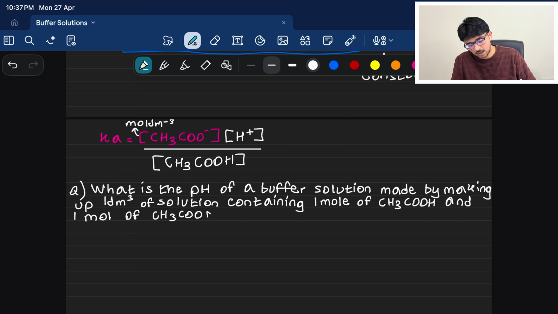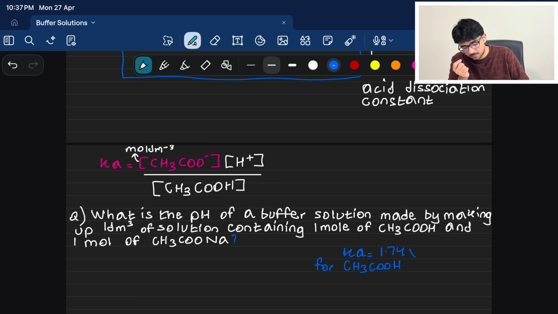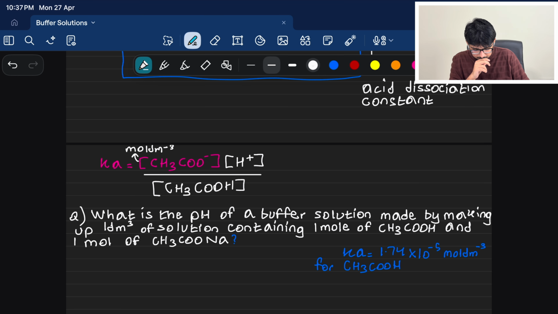I've used the same compounds, the same species as in the example, so it makes it a bit easier for you. And the Ka for ethanoic acid, obviously, because that's the weak acid in this question, is 1.74 times 10 to the power minus 5 mole per decimeter cube. So try this out.